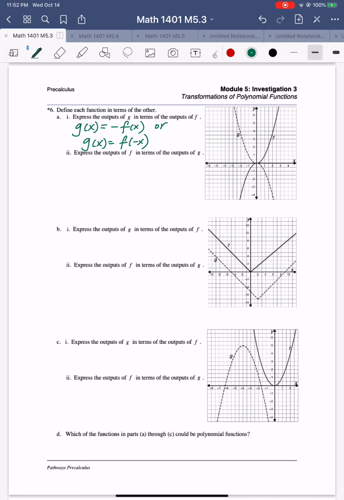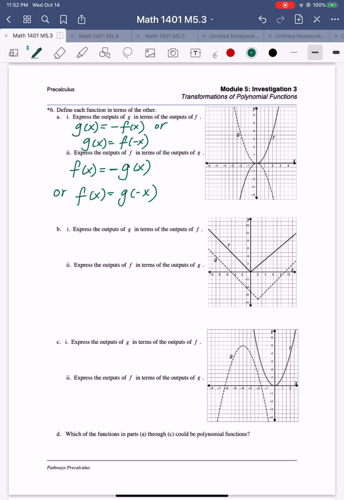Now, express the output of f in terms of the output of g. Same thing. It's going to be the reflection of g of x. And also, as a horizontal reflection, f of x is the same as g of negative x.